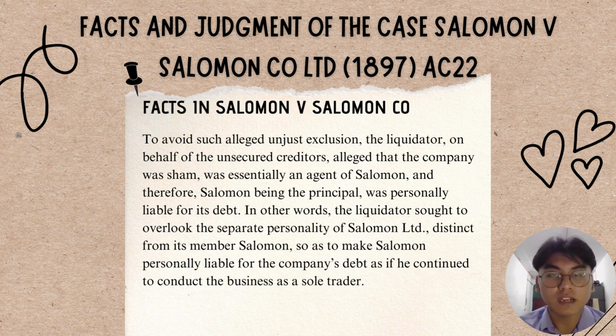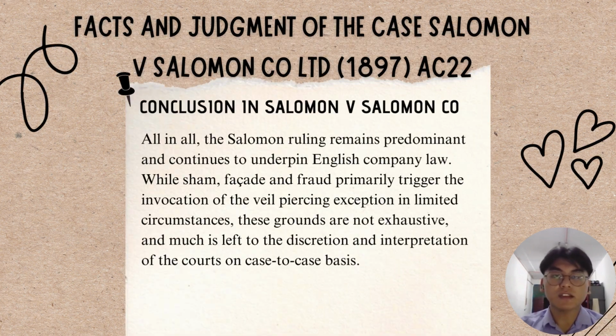In other words, the liquidators sought to overlook the separate personality of Salomon and Company, distinct from its member Salomon, so as to make Salomon personally liable for the company's debt as if he continued to conduct the business as a sole trader.